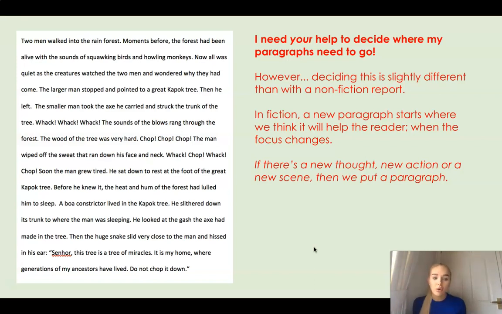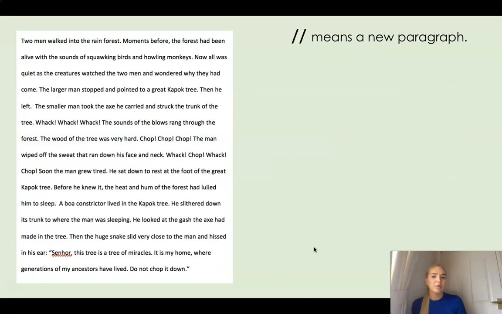So if there's a new thought, a new action or a new scene, or even a new topic, we need a new paragraph. But when we're deciding these paragraphs, it's a bit different because some of them are one-line paragraphs and some of them are maybe 5 or 6-line paragraphs. But it really depends on where the focus changes. And that's what I need your help on today.